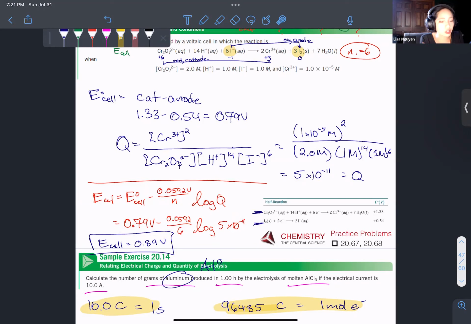As the reaction's moving forward, you're changing Q closer to K in this case. Once your Q value is really high, meaning that you form a lot of products, your measured cell potential, E cell without the knot, gets closer to 0, so there's no forward potential pushing this reaction forward. So there we go.